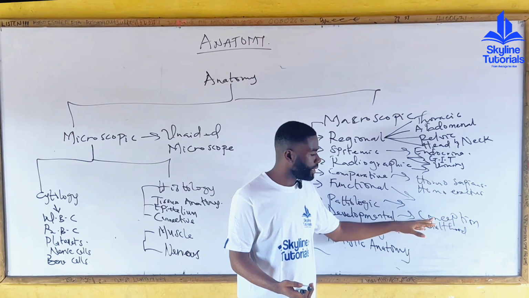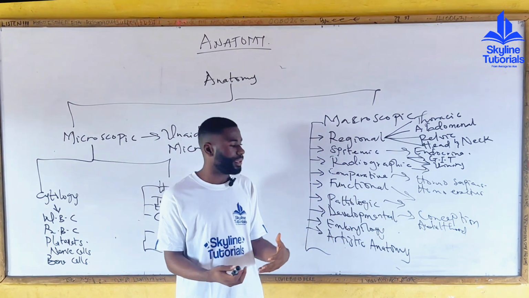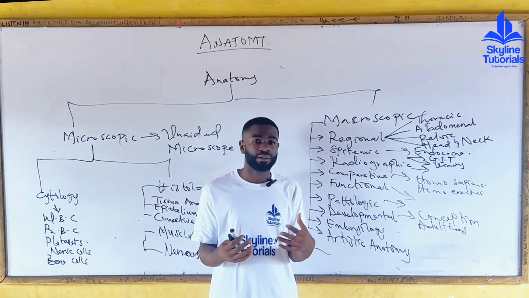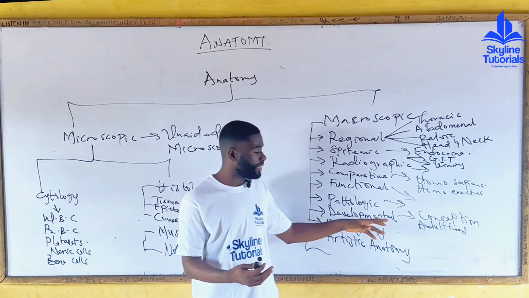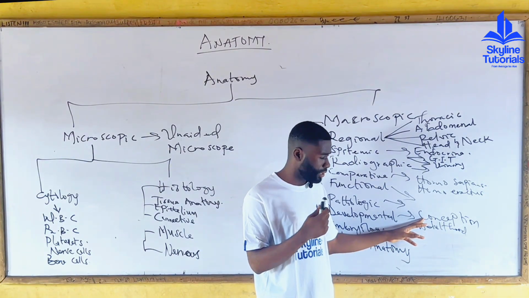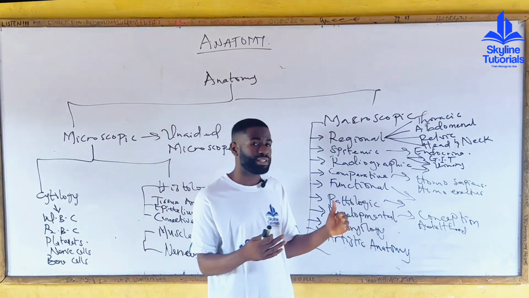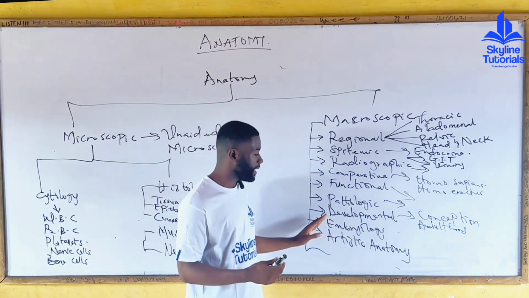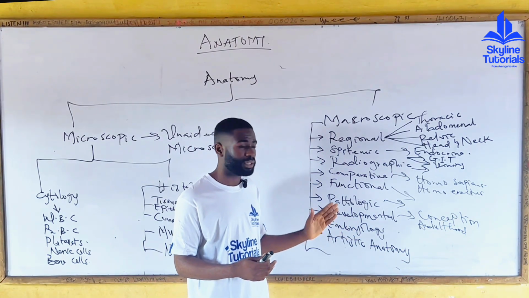So when I have the coming together of the opposite sex cells, I get into the conception stage. The study of the different changes that occur from that stage up to adulthood is referred to as developmental anatomy.